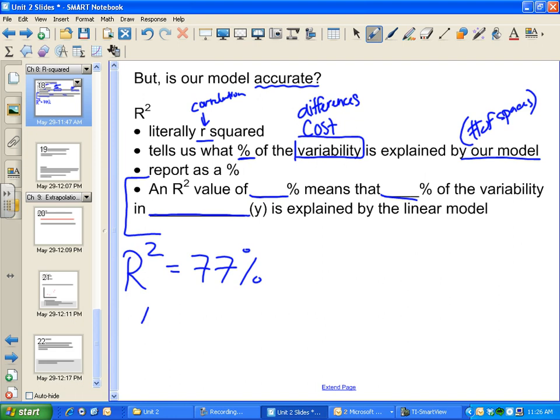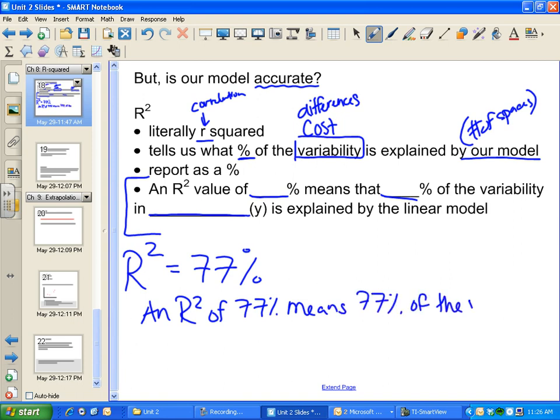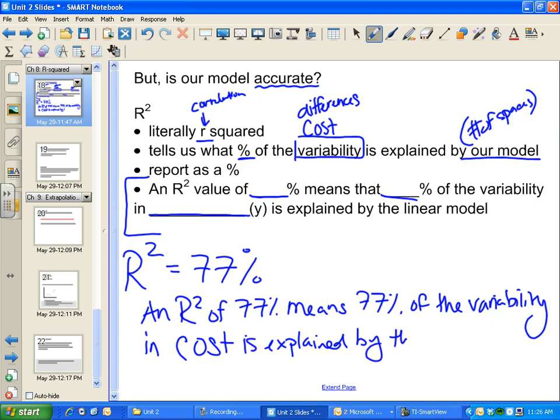All right, so for my Monopoly data, my R-squared is 77%. So I'm now going to explain. An R-squared of 77% means 77% of the variability, remember that just means differences, in my y variable, which is cost, is explained by the linear model.